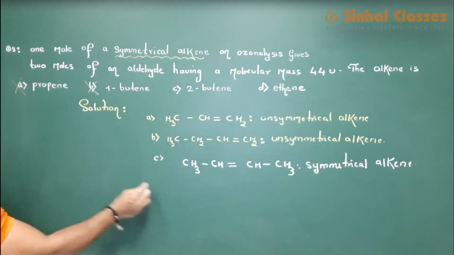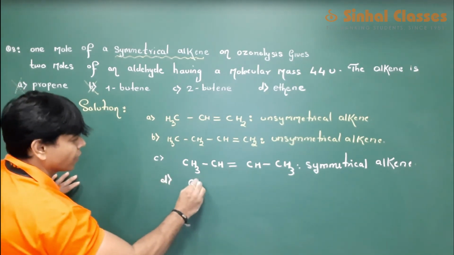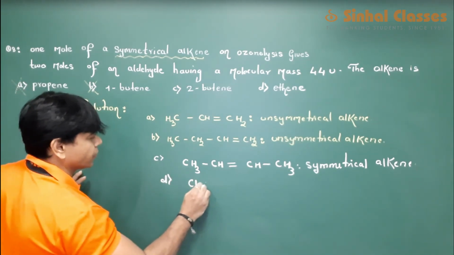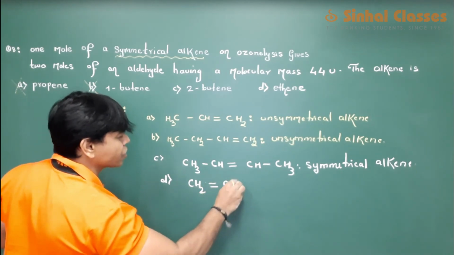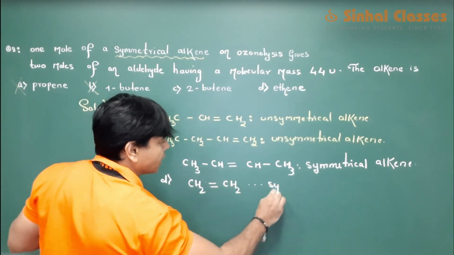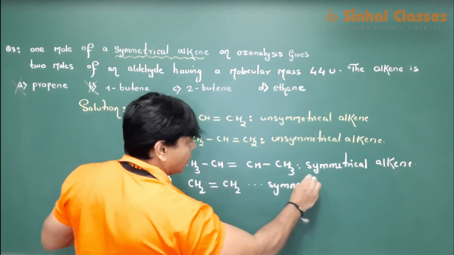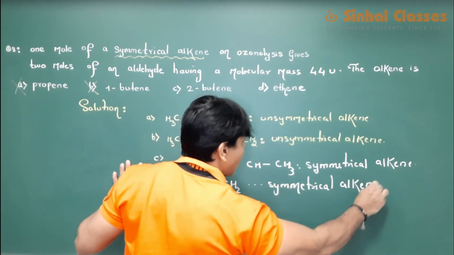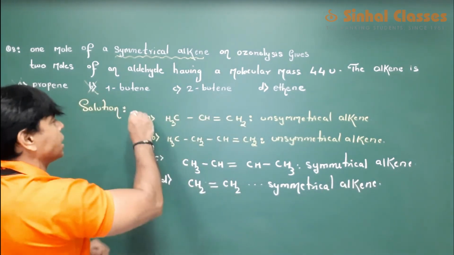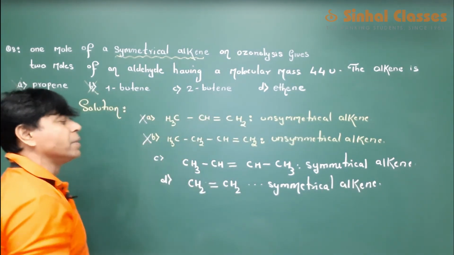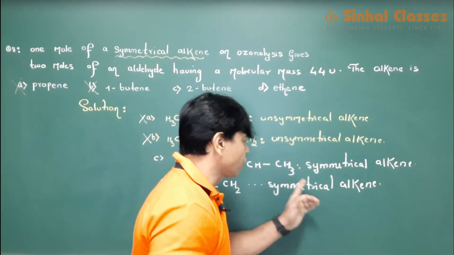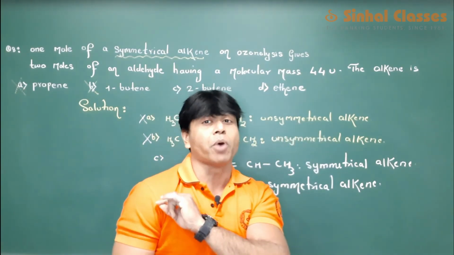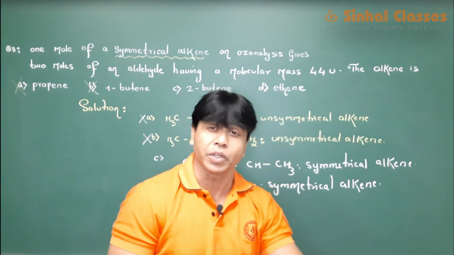Ethene is also symmetrical. That means the answer may be either C or D. It cannot be A, it cannot be B. So out of these two, now a very important hint.